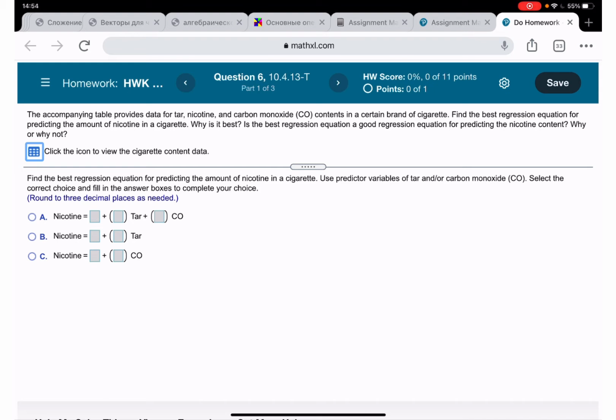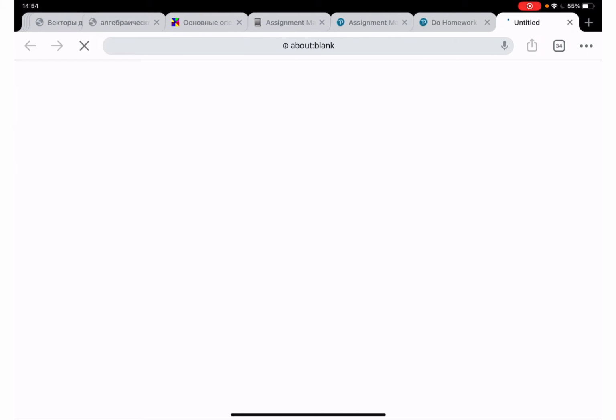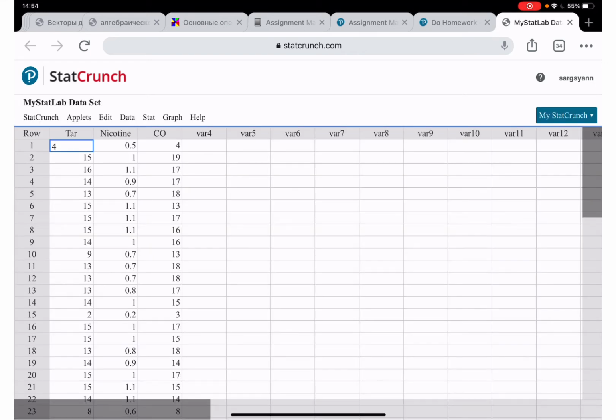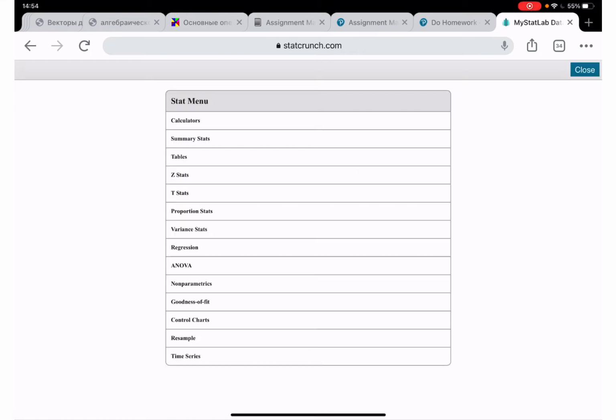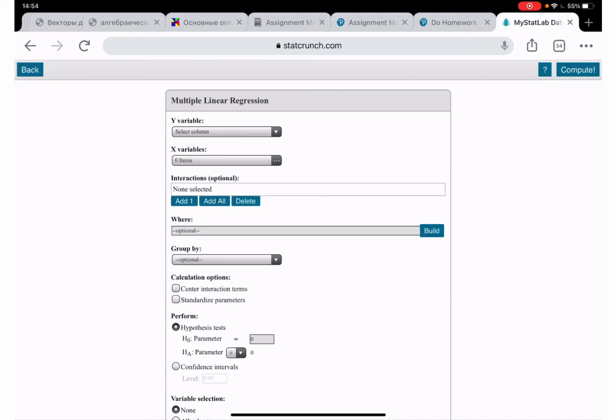So, moving to StatCrunch. Stat. This time we are choosing multiple linear regression because we have several variables, several x's.